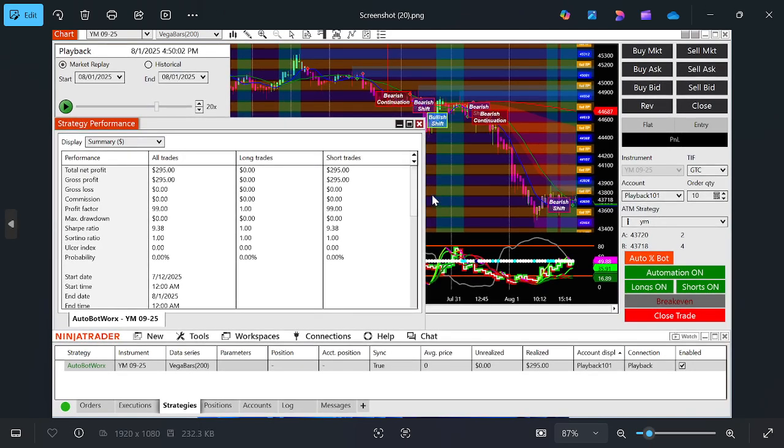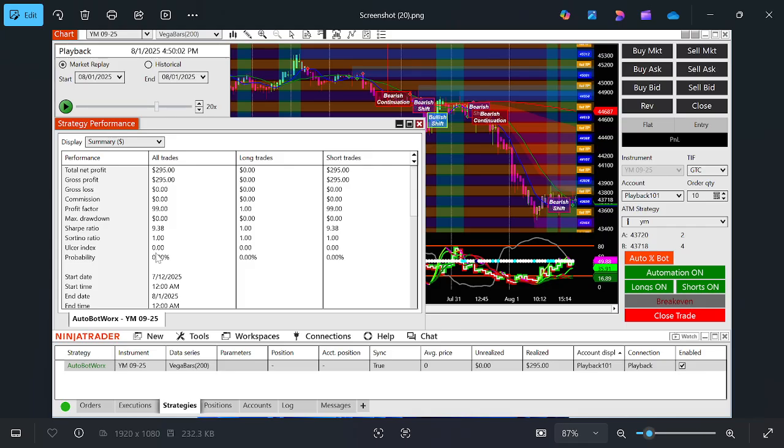And then the 200, we did get one trade, and it hit the trailing stop after going into profit and made $295. Okay. So 0%, and that was just one trade. So this is probably the lower the percentage, the higher your win rate.